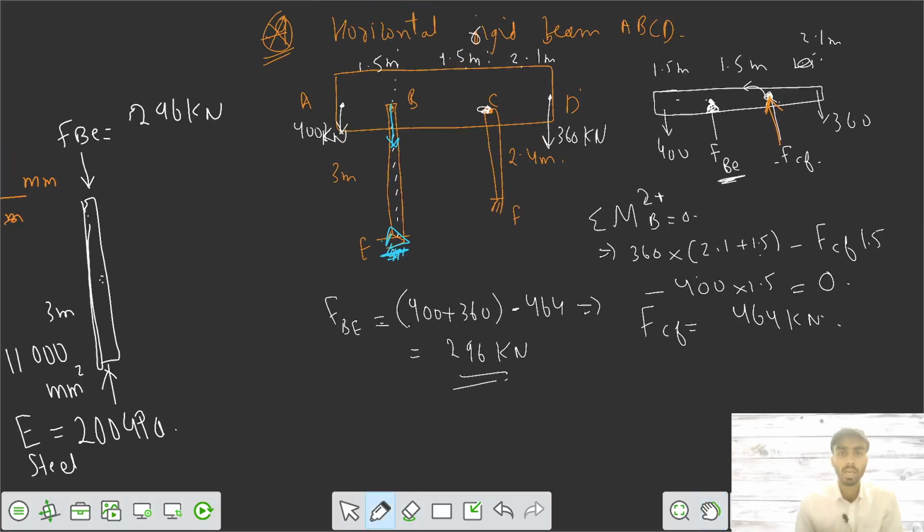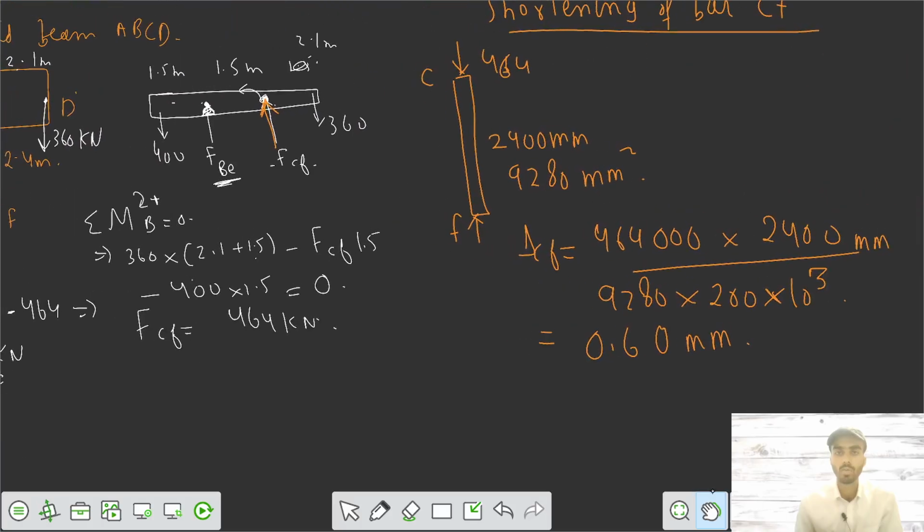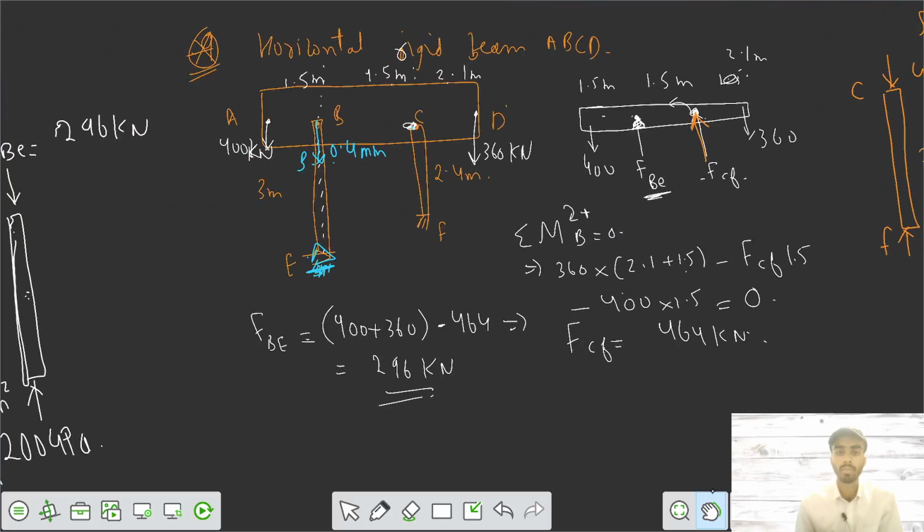If B goes here by 0.4 mm, and CF has been shortened by 0.60 mm, then C has been displaced by 0.60 mm.